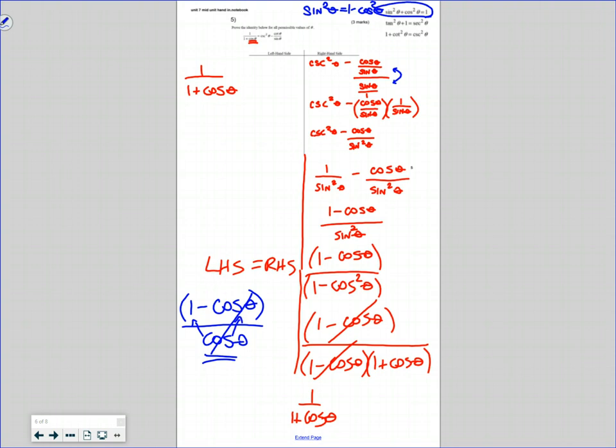So you cannot just cancel it off with one of them. The correct statement would have been 1 over cos theta minus cos theta over cos theta, and that cancels just in that 1. So I noticed an error similar to that occurring quite frequently in some people's identities. Okay, so I'll mention that a little bit more as we go. So that was worth 3 marks. That should have been worth 4, actually.